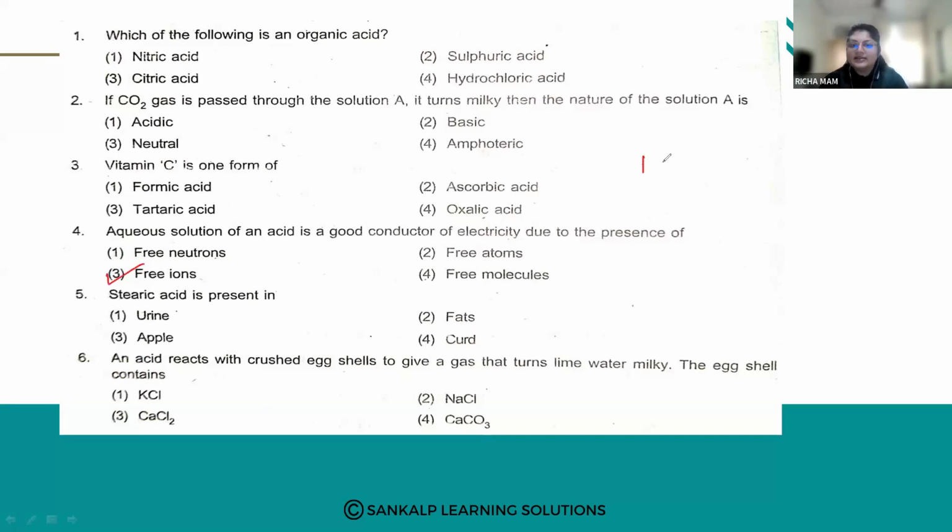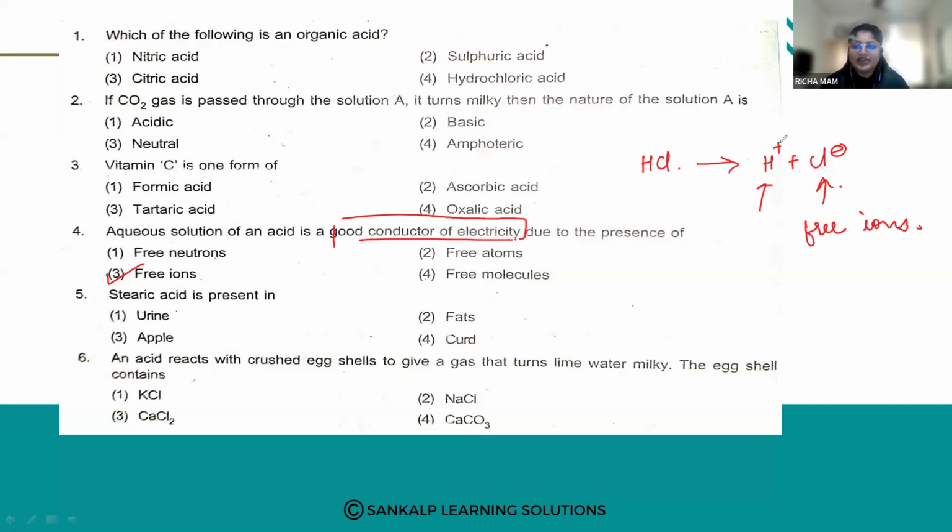Acid means, suppose I take HCl. When you add HCl in water, it splits into H plus and Cl minus ions. That is why it is a good conductor of electricity: free ions are available.